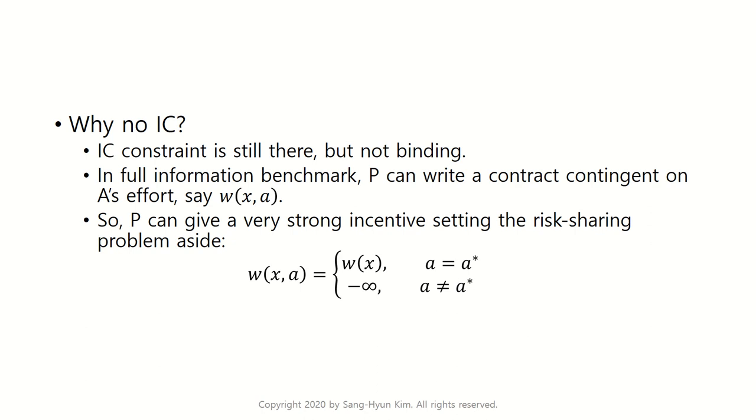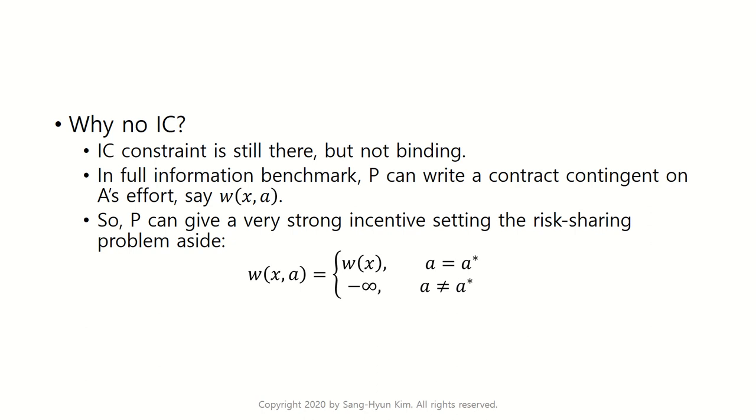So now we can write a contract which is contingent on the effort, which means the principal can be like a dictator. So the principal says, okay, you should do this, otherwise you should do this, and you should do it hard, very hard, otherwise I will make you suffer. Okay, this is what the contract means.